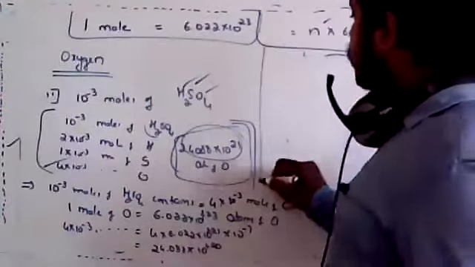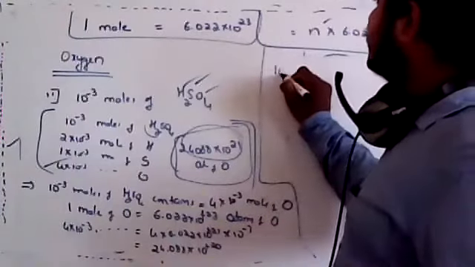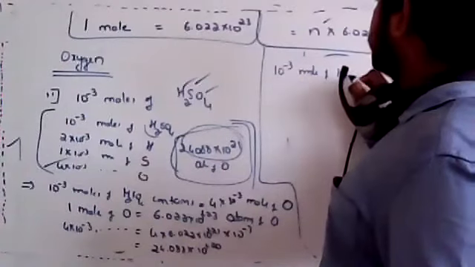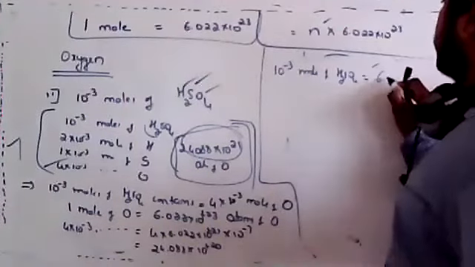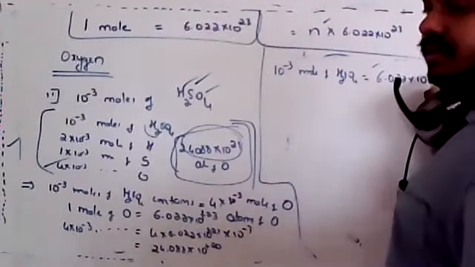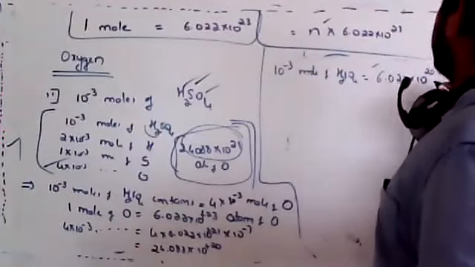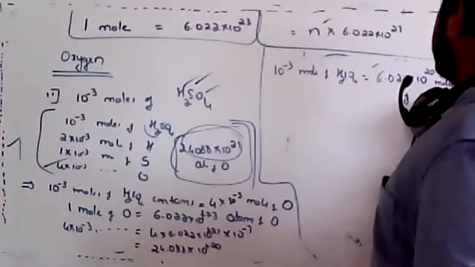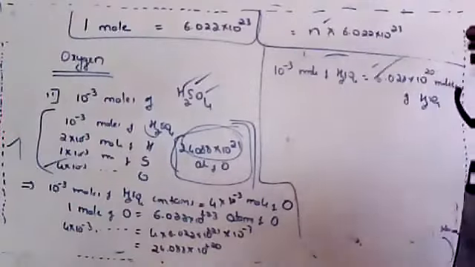There is one more way to solve this. You just write 10 to the power minus 3 moles of H2SO4 equal to 6.022 into 10 to the power 23 minus 3, that is 20 molecules of H2SO4. So first calculate the number of molecules.